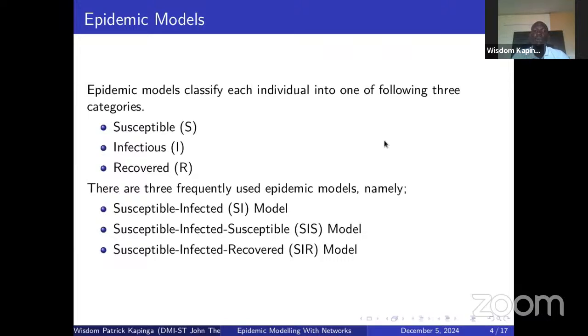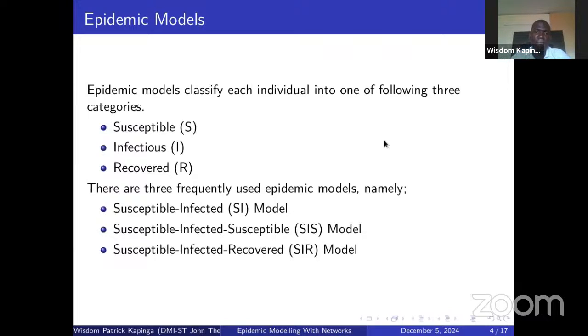In this model, we look at diseases whereby you can be susceptible today and then get infected. After getting infected, you can get healed, of course, but after you get healed, you again end up being in danger of getting that disease again. The most common example of this is flu. If you got flu, you can heal today, and then you are again in danger of getting that flu.